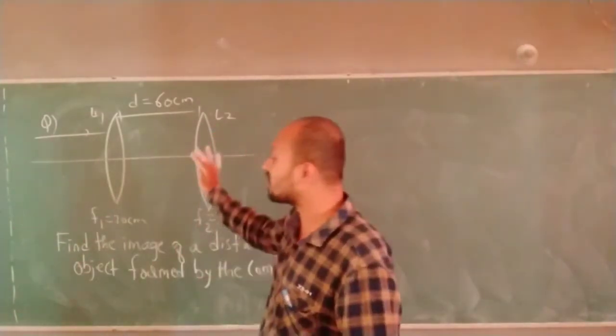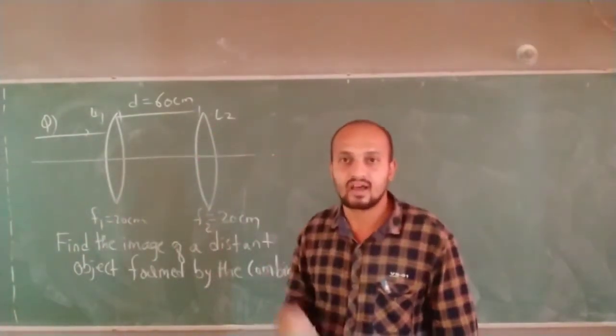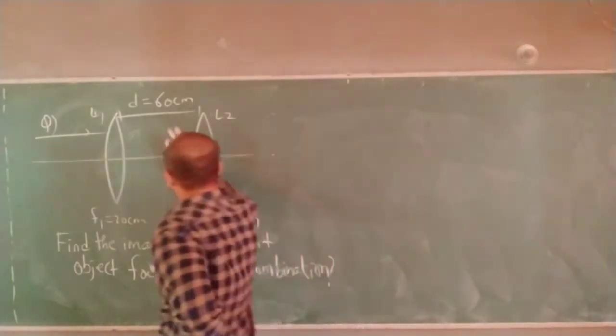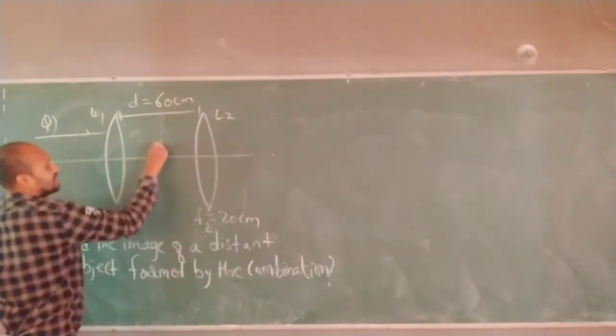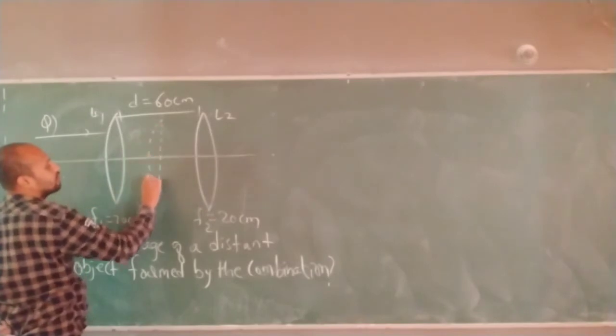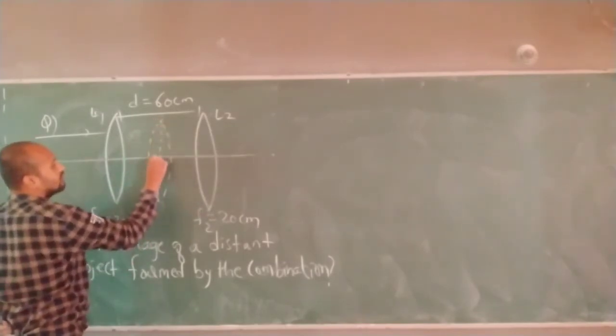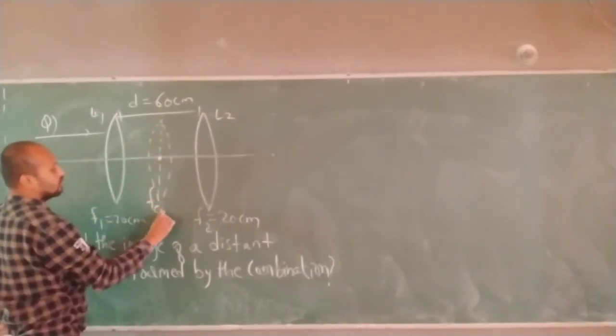Here, using the concept of equivalent focal length, I am going to find it. How to find? First I will find the equivalent focal length; let's say it is here somewhere. I don't know, somewhere here. Let us take this as the equivalent focal length.